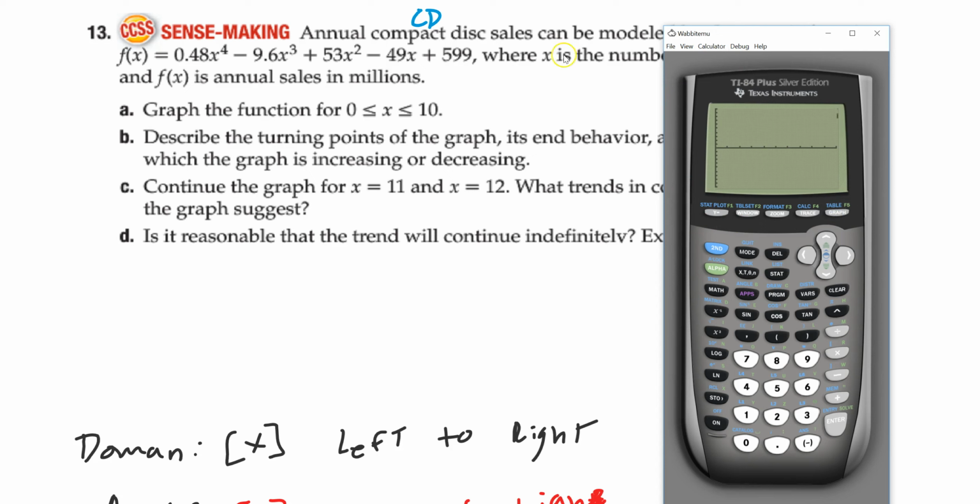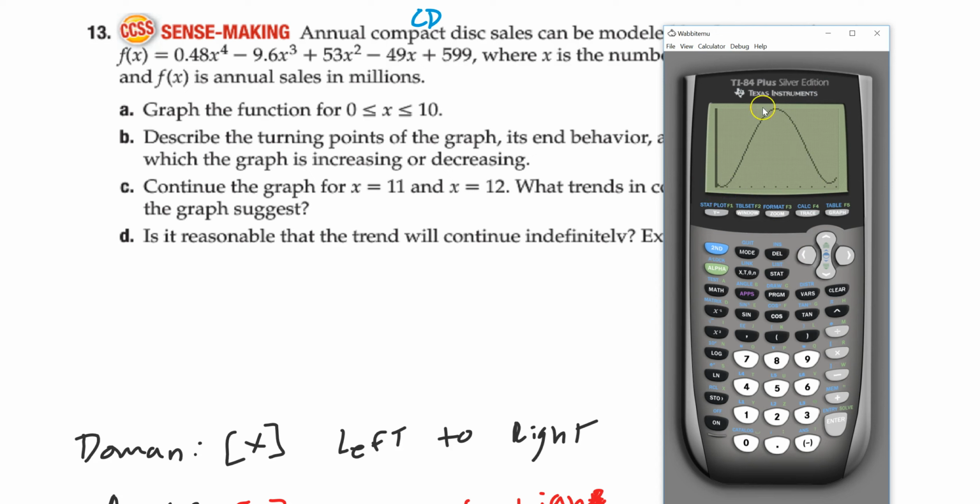Come on, CD industry. Don't let Tower Records down. It's taking forever to graph, and I don't see a thing. That's great. Let's go zoom fit and see what's up. Well, that's not great. I'm going to fix my window, 0 to 10.